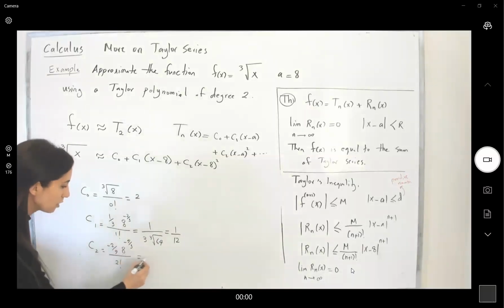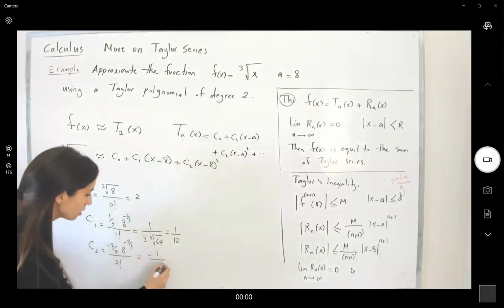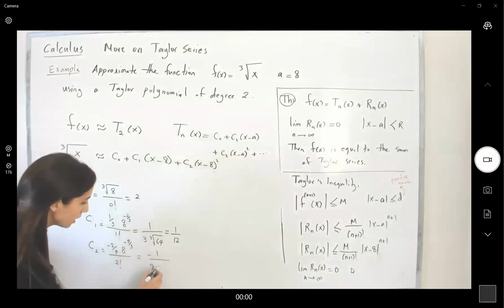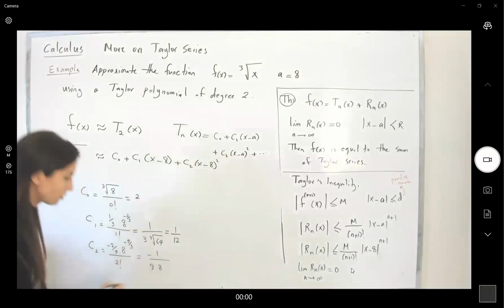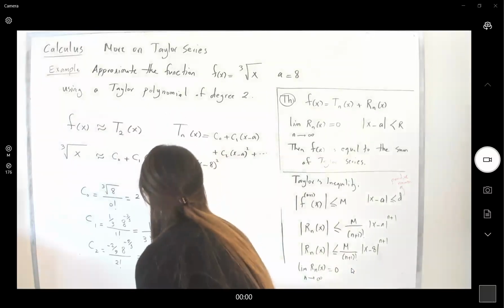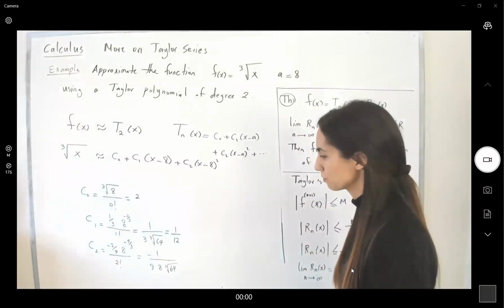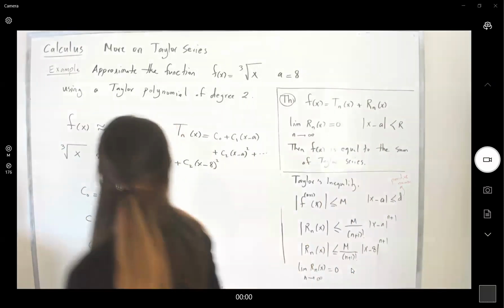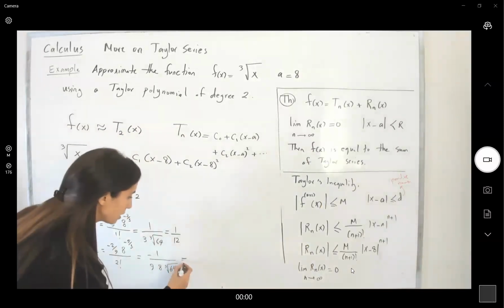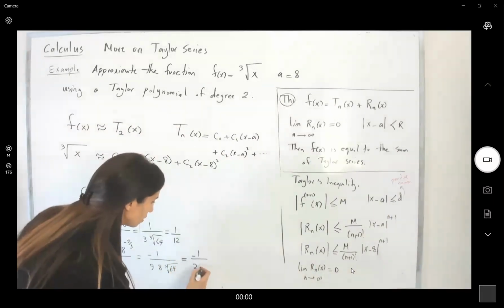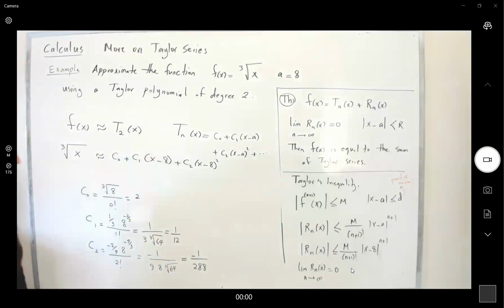So here we have negative 1 divided by 9 times the third root of 8 to the fifth power. If I'm not mistaken, this is negative 1 over 288. We have all the coefficients.